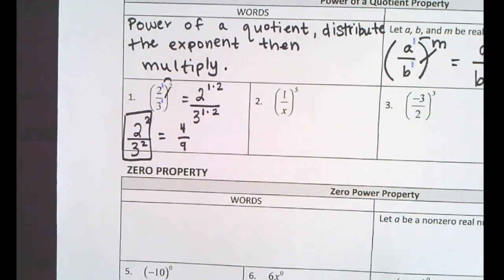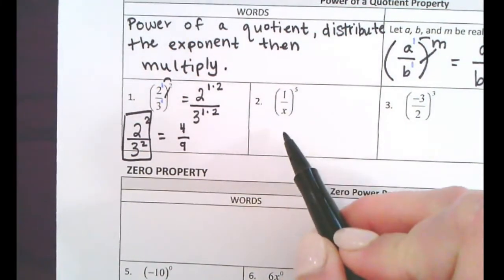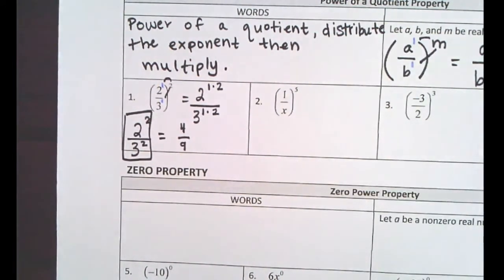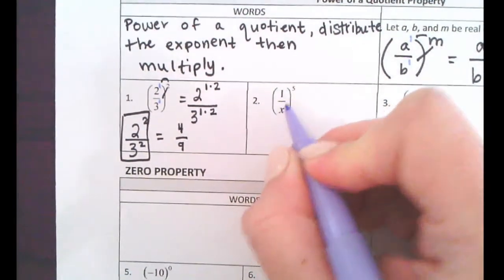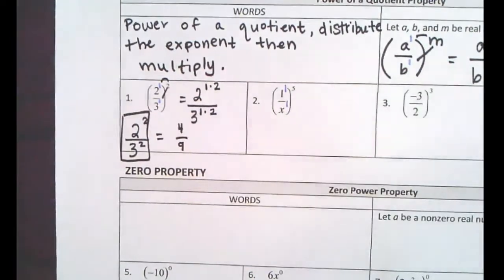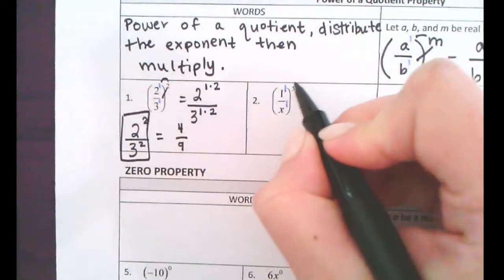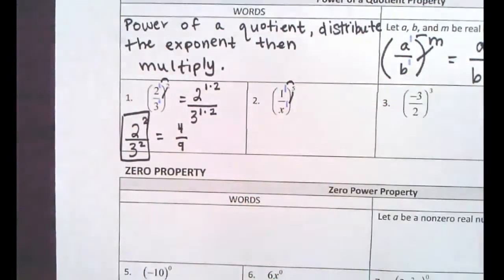Okay, our next problem is 1 over x raised to the 5th power. So I'm going to first distribute my 5th power to both the 1 and the x. Both of these have exponents of 1. So I'm going to distribute my power of 5 and my power of 5.